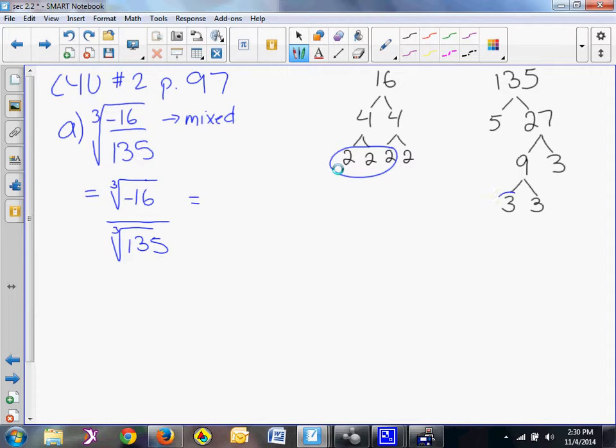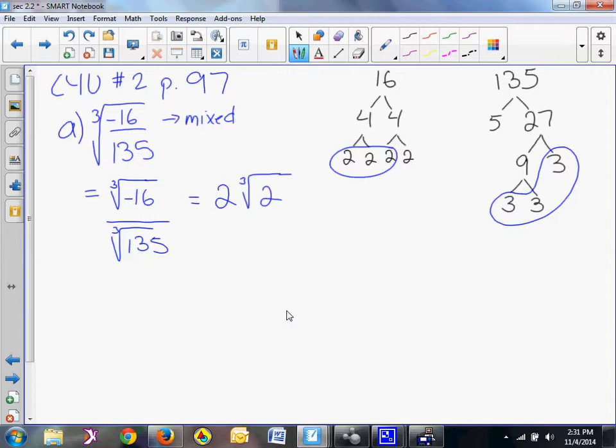Then I notice I have 3 3's here, but I only have one 5, so I just leave it. The number that I circled can be represented on the outside of the radical once. So these 3 2's that I circled are represented on the outside of the radical once. I still have a 2, and whatever I haven't circled stays on the inside of the radical.